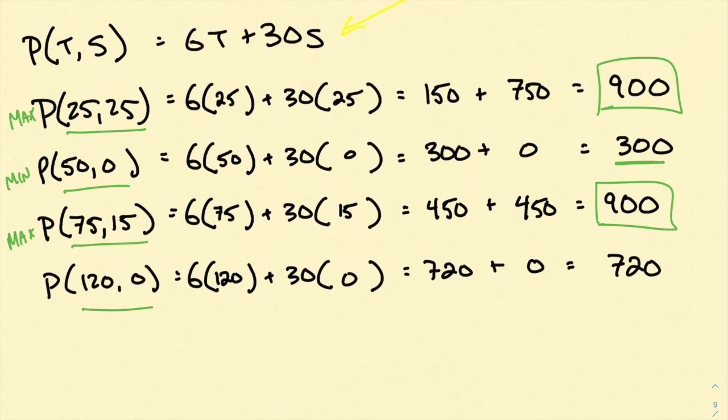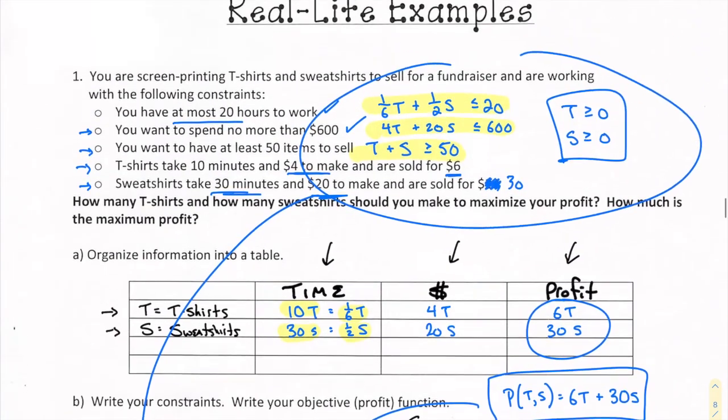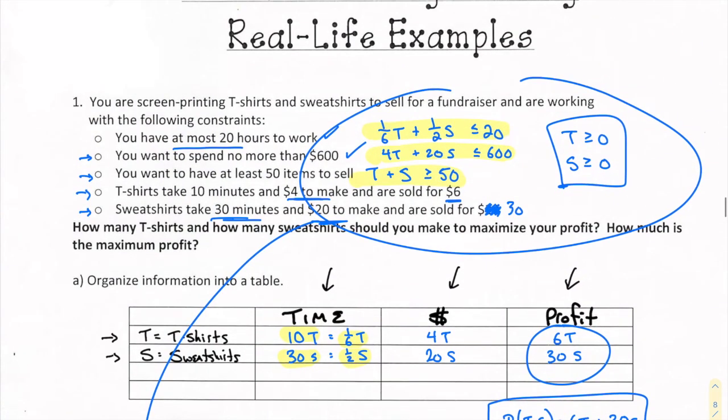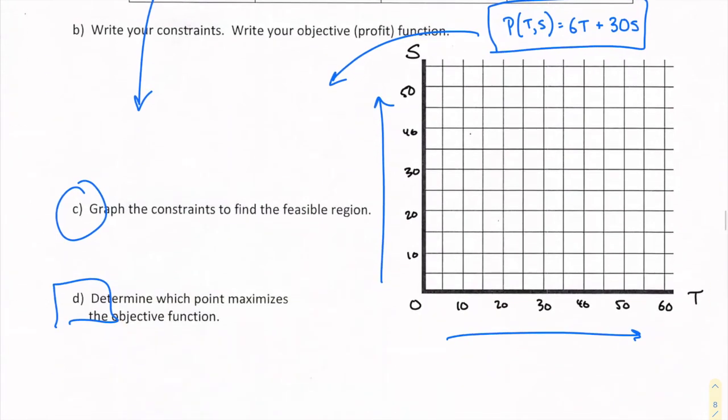Okay? That's it. So linear programming is really all about reading the question really carefully, trying to either set up a table or just take the information that's offered and write it down in algebraic form. You're going to take those things you've written that are called constraints, and you're going to graph them. You can graph them by hand. You can use some technology to help you graph as well.